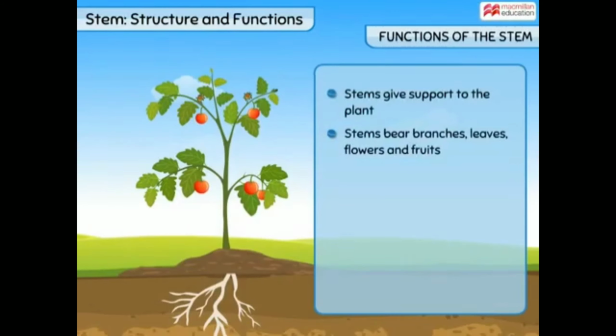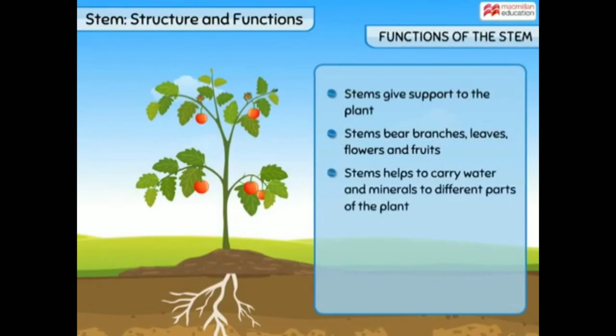Creepers and climbers also, it is showing over here, that you know they are very weak and thin. Examples are showing: watermelon, pumpkin are creepers; money plant, bitter gourd, these are climbers.